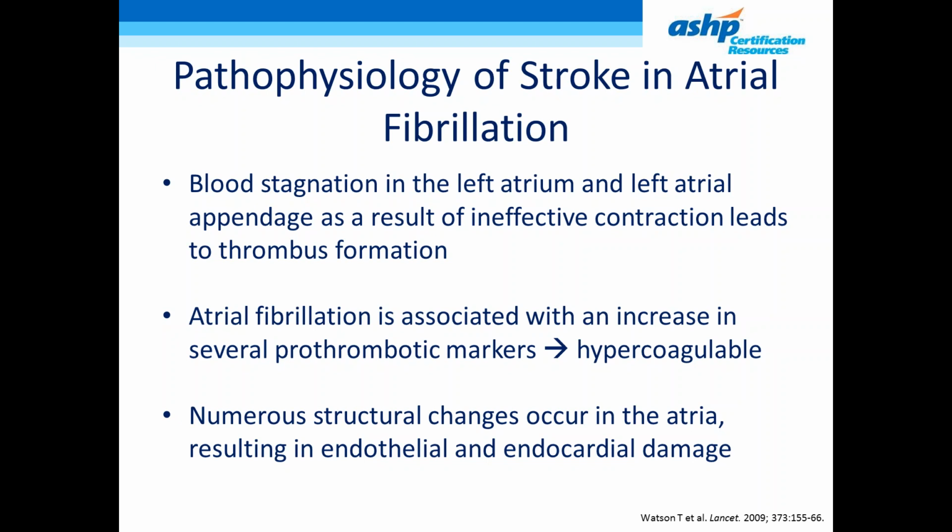We now know from more recent research that atrial fibrillation is also associated with an increase in several prothrombotic markers, making atrial fibrillation essentially a hypercoagulable state. And then finally, numerous structural changes occur in the atria during the period of fibrillation, and this results in endothelial and endocardial damage. All three of these factors lead to an increased risk for thromboembolic complications.